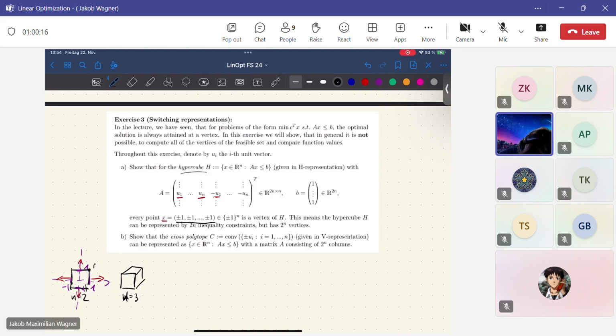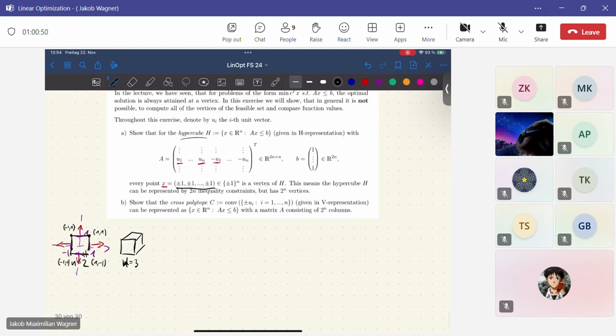So we have the point (1, 1), we have the point (1, -1), we have the point (-1, -1), and (-1, 1). And obviously, because we have n entries in this vector and we have a possibility of either choosing +1 or -1, we have 2 to the power of n different combinations of those. And so if we check that all of those points are vertices, we know that we have this exponential number of vertices.